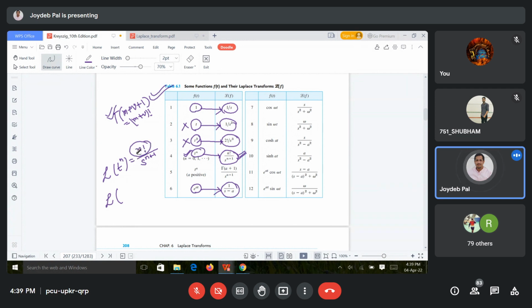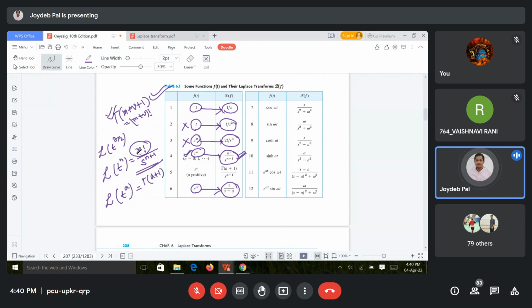Now if n is not an integer, like if it is asked the Laplace transform of t to the power 3 by 2, can you apply this formula? 3 by 2 factorial is not valid, right? Yes, sir. So in that case you have to apply the gamma function. So in general, for t to the power a, where a is any number, maybe integer, maybe fraction, the form is gamma a plus 1.